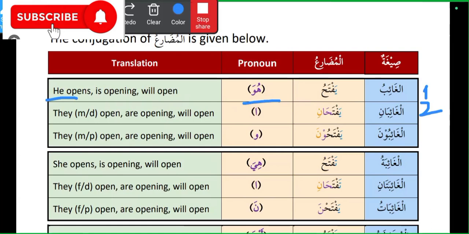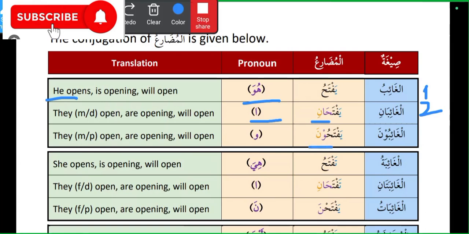And then siga number 2 is yaftahani. In the word yaftahani, the first letter is the alamat fi'l mudari, which is ya. And then the alif here is for tasniya. And the noon here is called noon i'rabi.